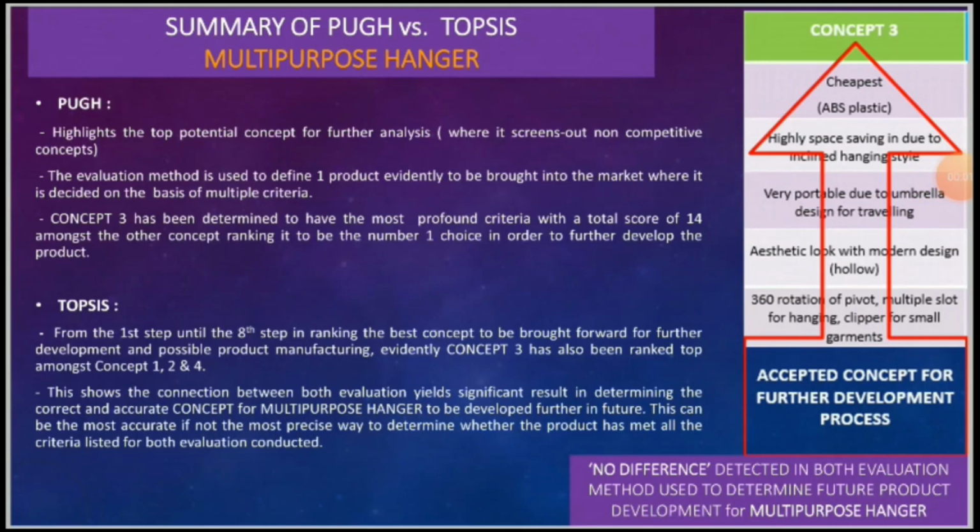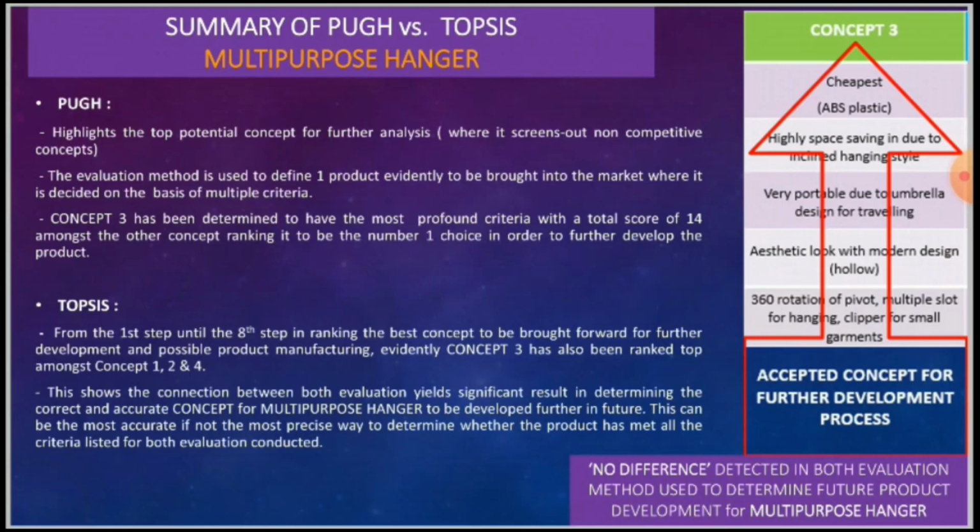Concept number 3 is mainly chosen and proven by the TOPSIS, and even the Pugh metrics shows it is one of the good concepts to work on, because it is the cheapest. It's based on ABS plastic. It has good features, highly space saving due to the inclined hanging style, and of course it's very portable due to the umbrella design for traveling, so it can cater for frequent travelers as well.